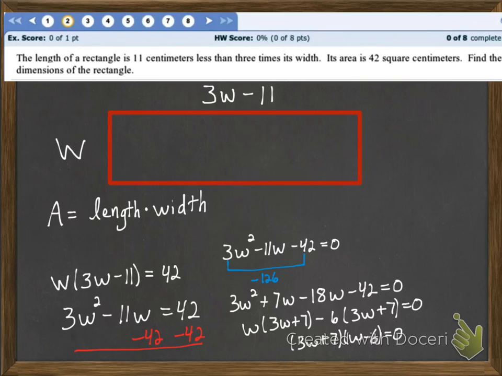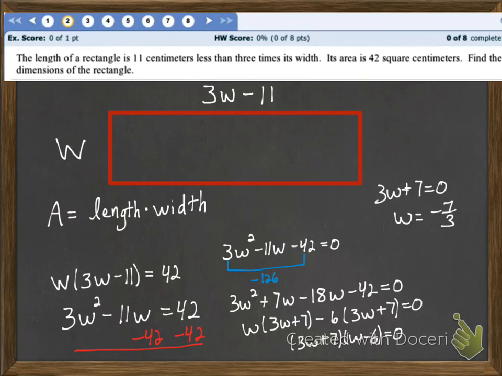And at this point we can now go ahead and use our zero factor property and set each one equal to 0. So we have either 3W plus 7 is 0, and if you solve that, you'll get W is a negative 7/3.